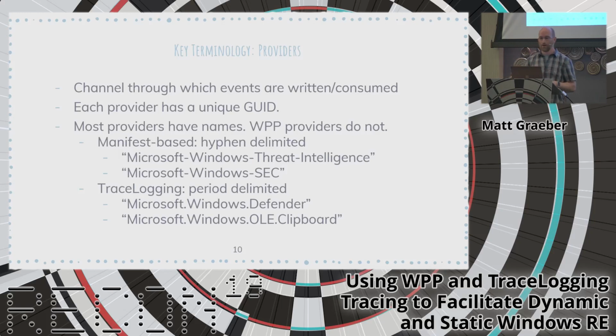Every ETW provider has a unique GUID. Many ETW providers also have a name associated with them. Specifically, manifest-based ETW and TraceLogging all have names associated with their providers. With WPP, on the other hand, names are not supplied, but all of them have unique GUIDs. That's going to be really important when we start building out our own manifest or event schema.